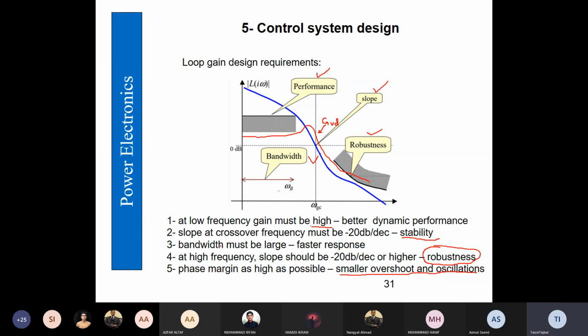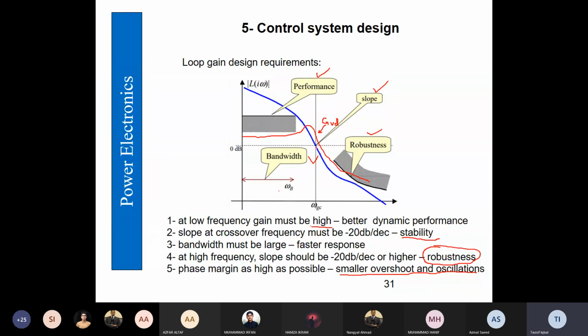If we want our system to respond faster to all the transients and get into steady state in a very short period of time, then the system bandwidth should be very large.